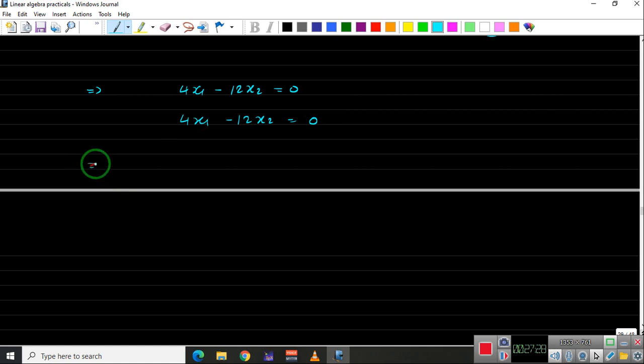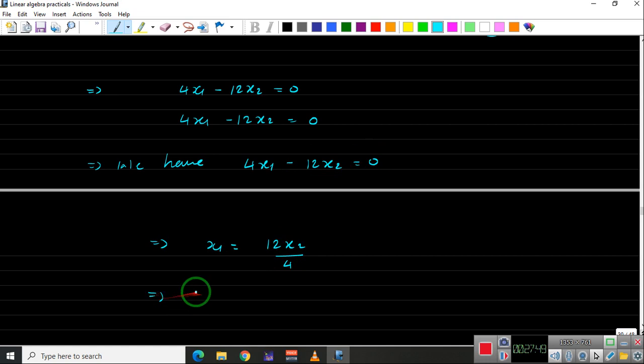So this implies we have 4x1 minus 12x2 equals 0. This implies x1 will be equal to 12x2 by 4, and that will imply x1 equals 3x2.